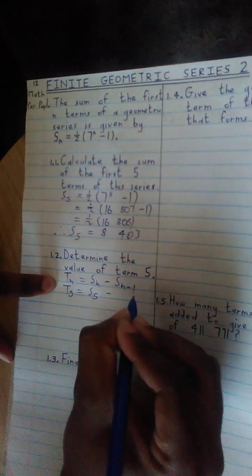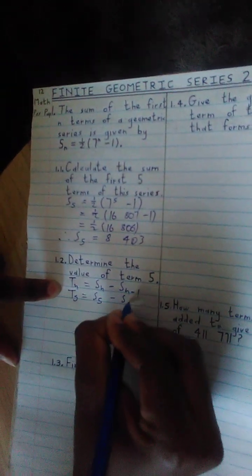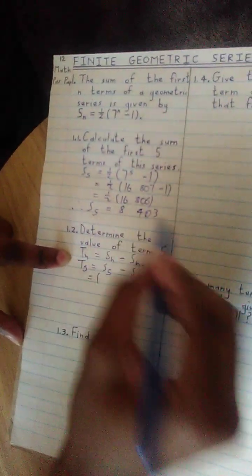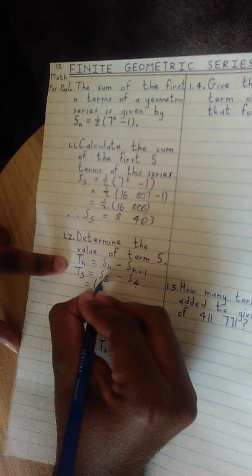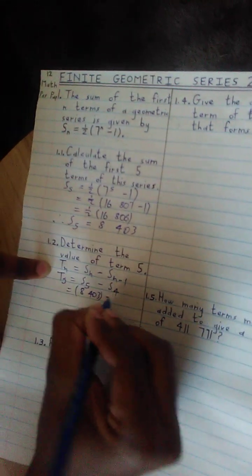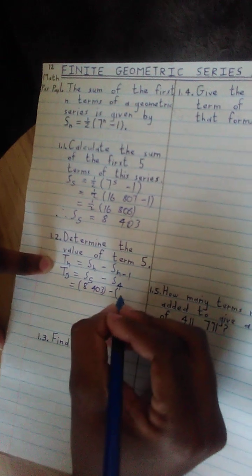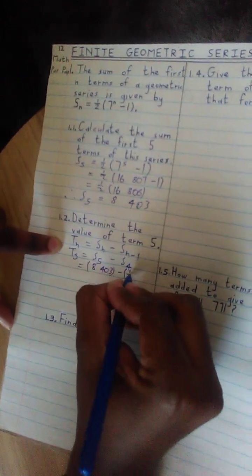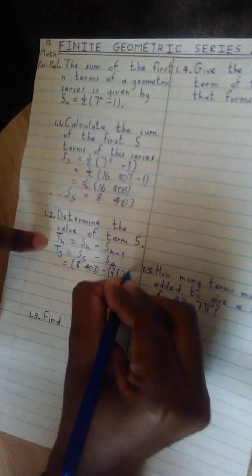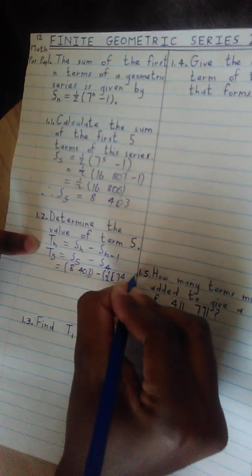S5 minus 5 minus 1 is 4. We found S5, 8,403, right? S4 is half, 7 to the power 4 minus 1.